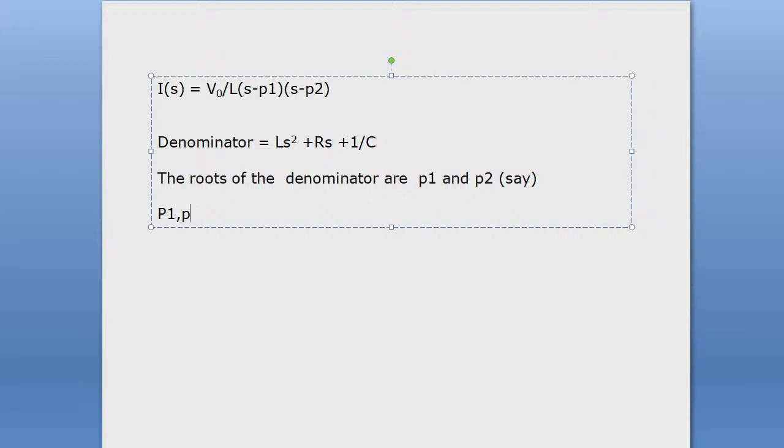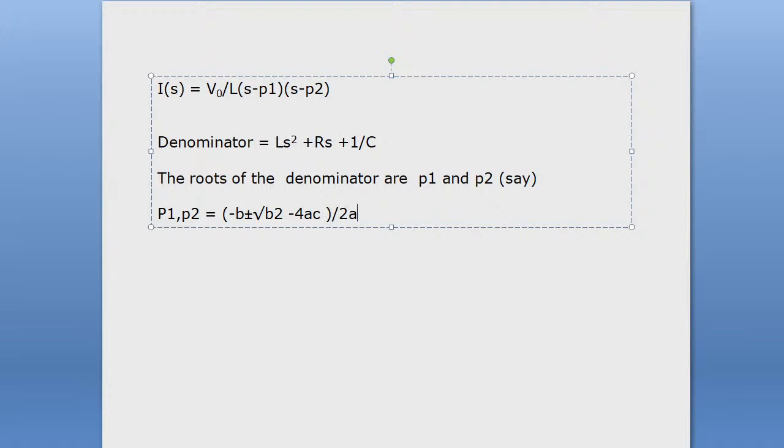P1, P2 equal to minus b plus minus root over b square minus 4ac by 2a. You just use that concept, the standard formula derived by Sridhar Acharya.